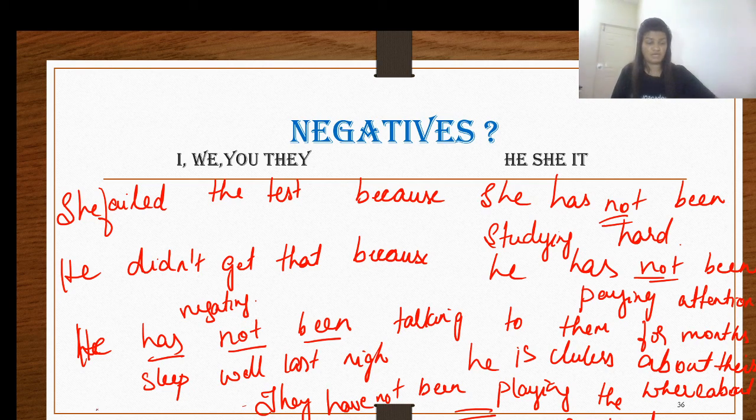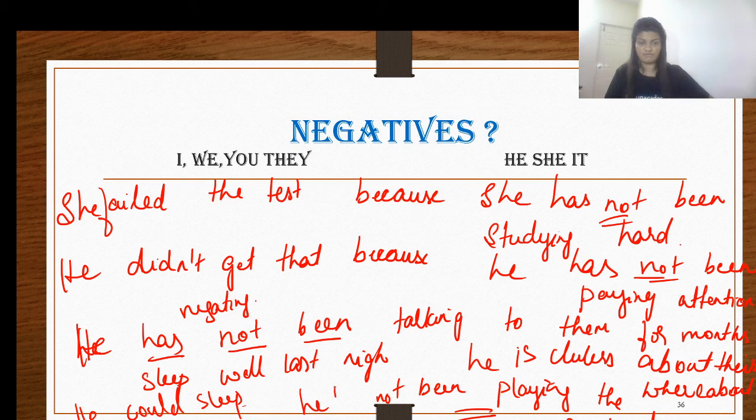Or you can also say, he could sleep because he has not been playing the music. So that's how the moment you switch the subject to she, he, the verb also changes to plus s, and that's how you negate the points.